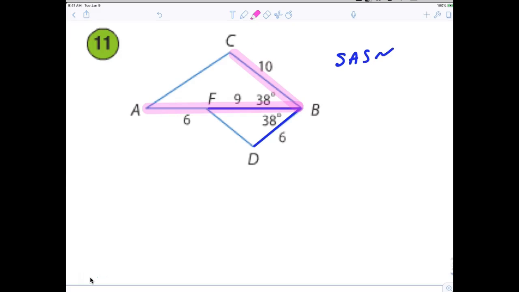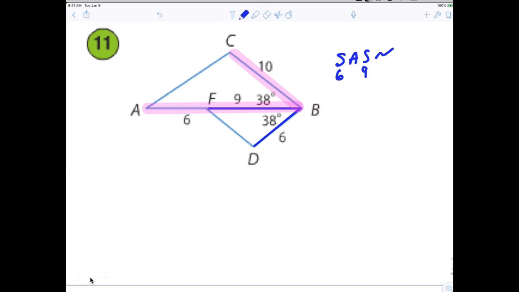Does everybody agree with that? So then I would have a 6 and a 9. Does everybody agree with that? And then the angle is the same.